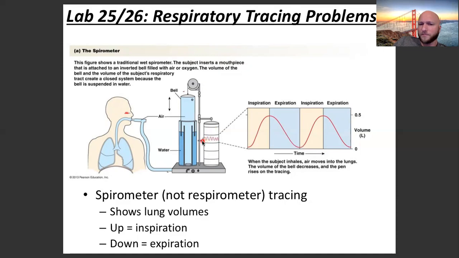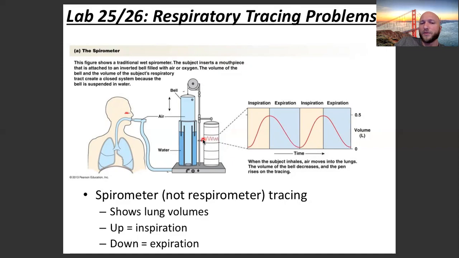As the bell goes up, the pen will go down, and the line or the marking on the piece of paper will go down. As the person inhales, air is going to leave the bell, which is going to pull the string, which is going to pull this pen upwards, and we're going to see the pen draw upwards.